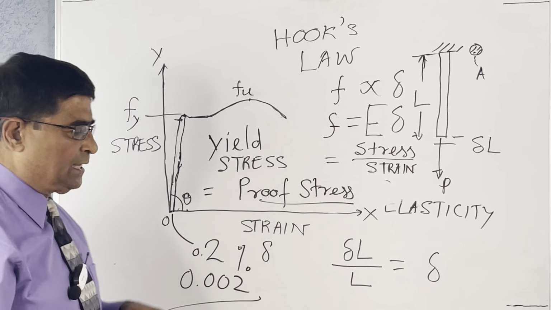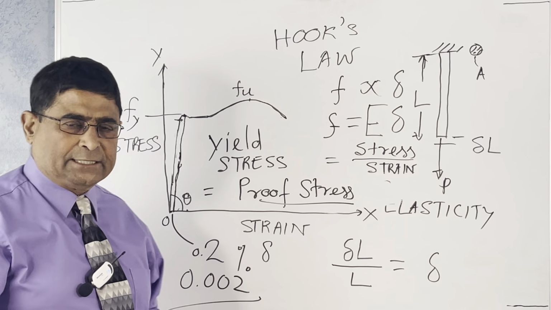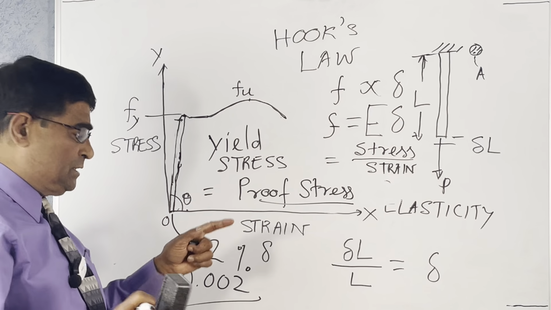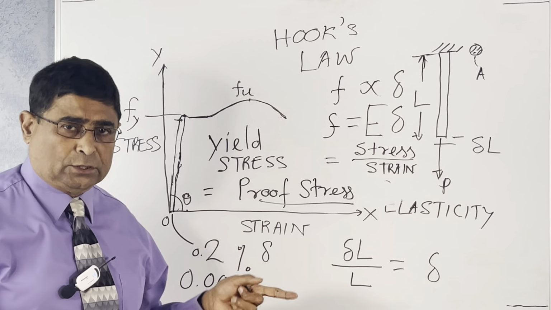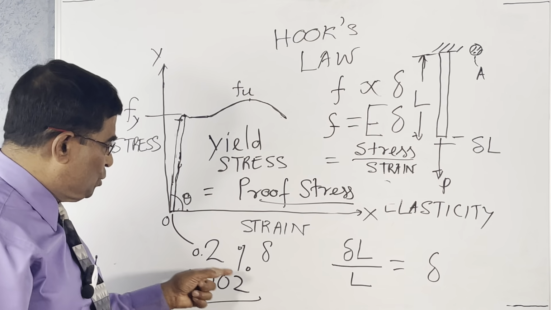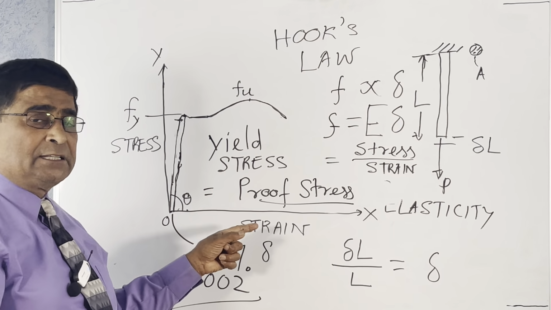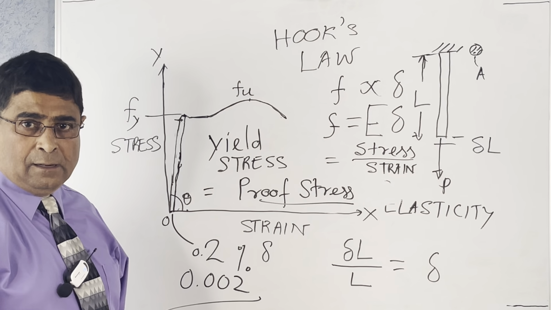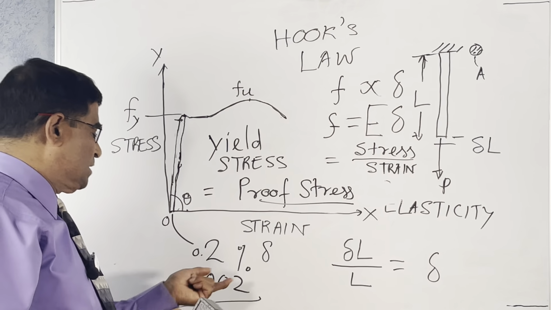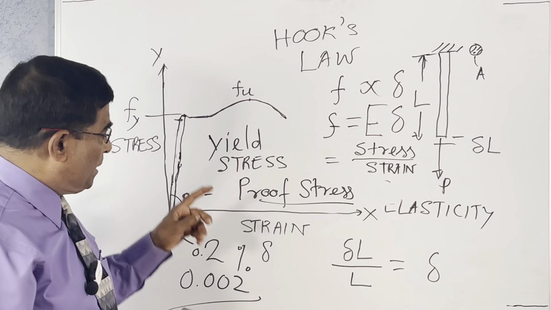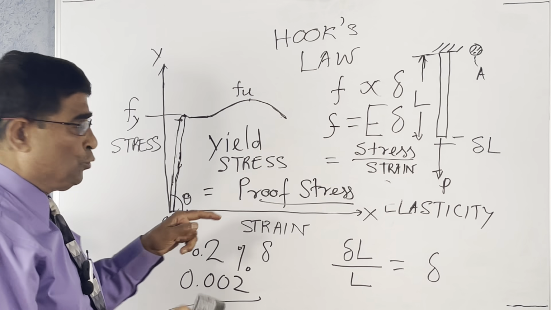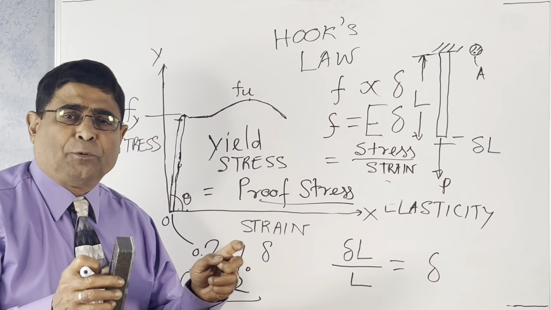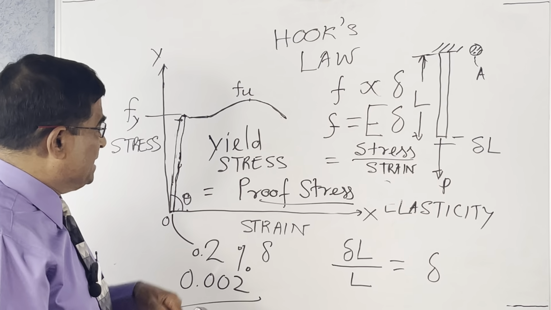Sometimes some people consider 0.001 also, but that doesn't matter. Usually 0.002 is what people take, because it is equal to the yield stress.